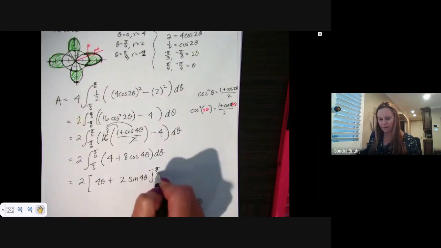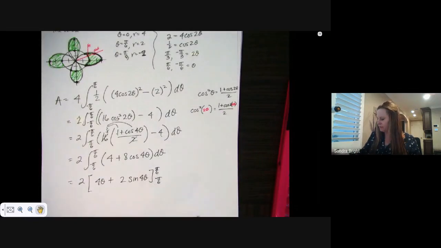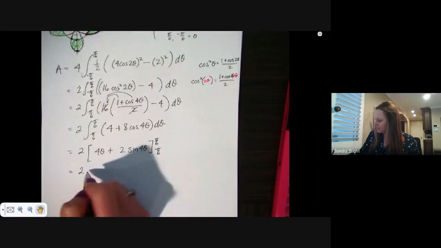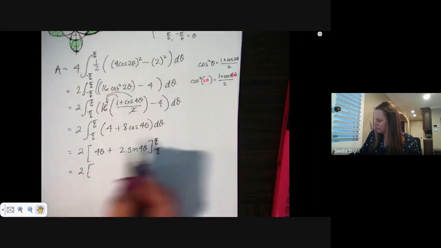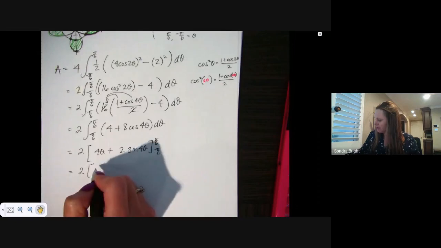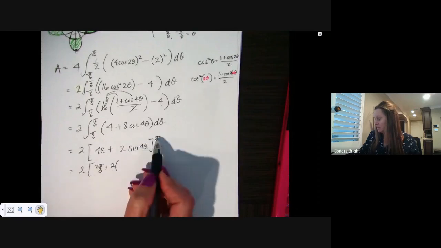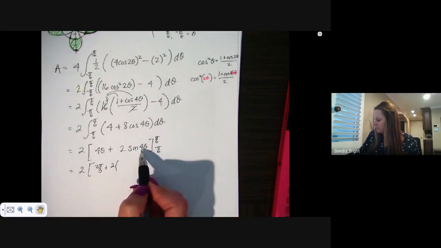All right, I'm ready to plug it in. I got a 2 out front. 4 times pi over 6 would be 2 pi over 3, plus 2 times sine of 2 pi over 3. That's radical 3 over 2.